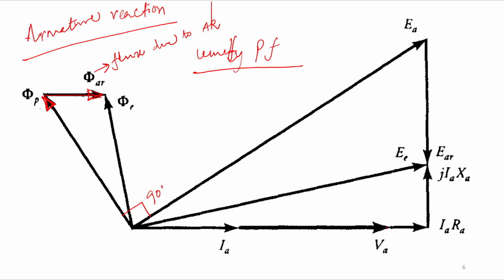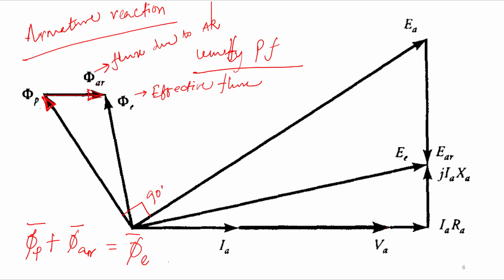If we add phi P plus phi AR, of course their vector sum, then I will get phi E, which is the effective flux.